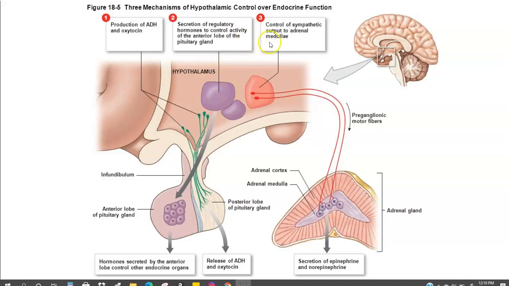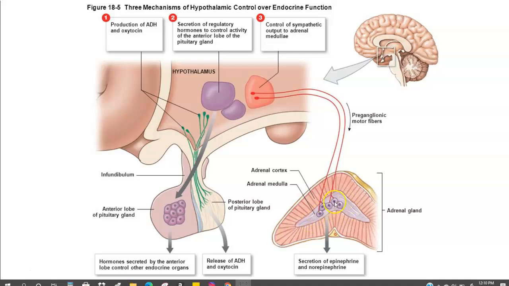And then the third way is that you have control, and this is integrated with the fight or flight response of the autonomic nervous system, but you have control of the sympathetic output to the adrenal medulla. So in the autonomic nervous system, you may have learned about the adrenal medulla.